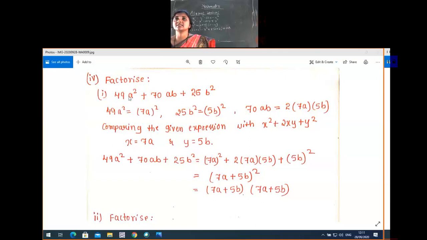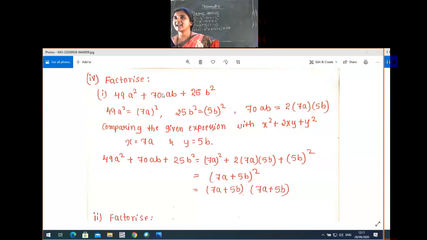The question is like this: 49a square plus 70ab plus 25b square. See, here it is very, very important. Using all the identities, this type of question will be common. Factorize using the identity: 49a square plus 70ab plus 25b square.